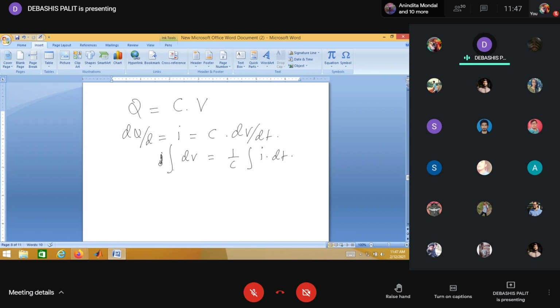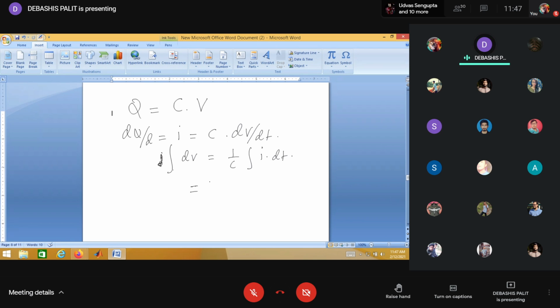So by definition, the potential of a point is nothing but the work done in bringing a unit positive charge from infinity to that point. So if there is an electric field and you want to measure the potential of a point, by definition that is the work done in bringing a unit positive charge from infinity to that point, and that is the potential of that point.